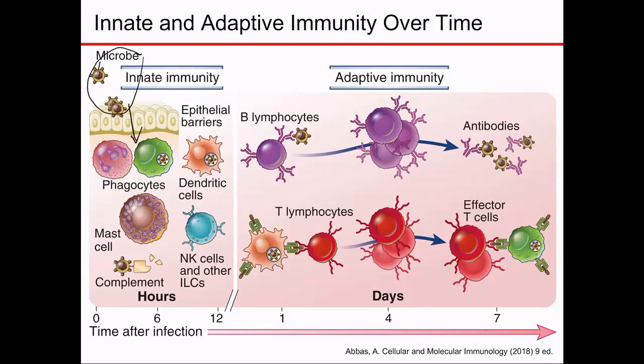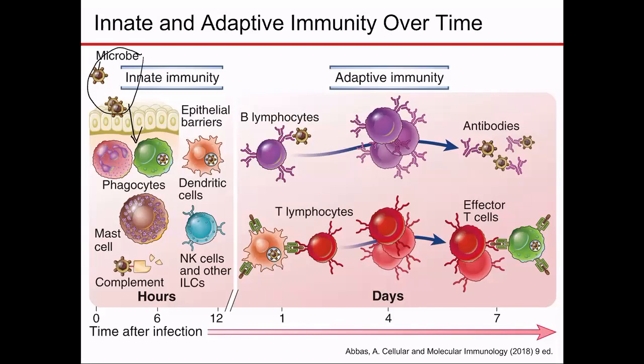And at this point, the cells that have pattern recognition receptors will sense the presence of that microbe, and they will start to produce signals that will contribute to start the effector functions of the innate immunity, but also start the communication with the components of the adaptive immunity.